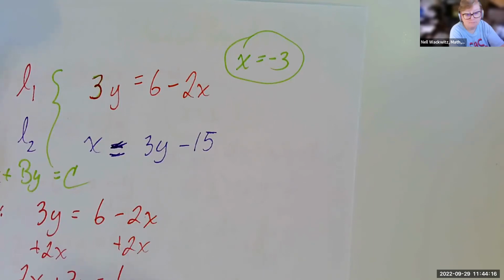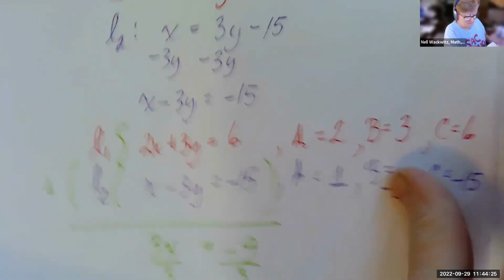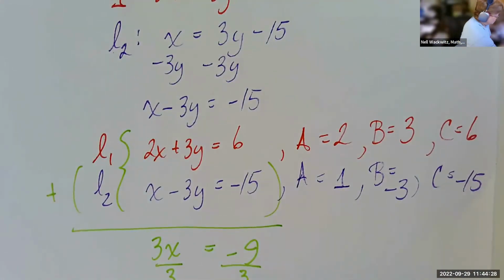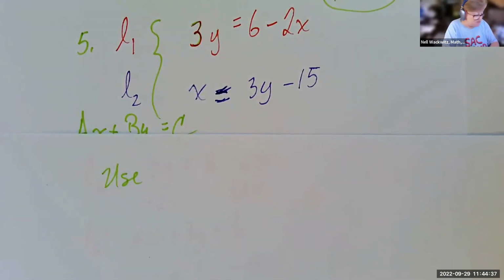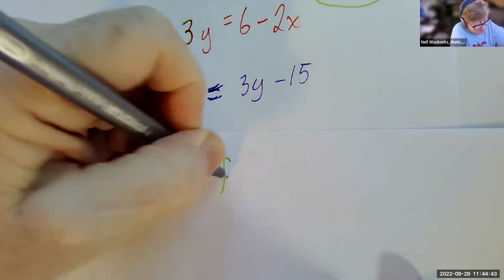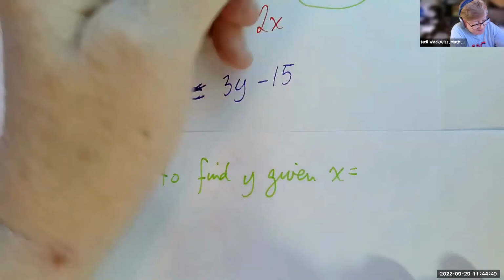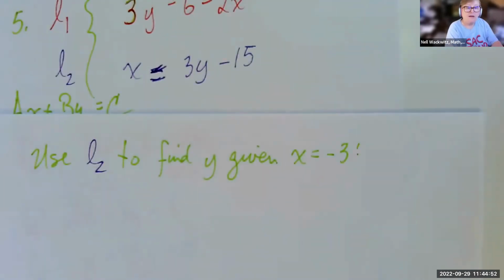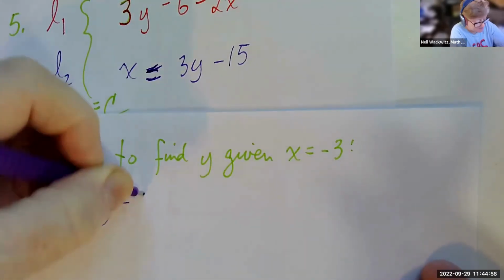Can we use x equals 3y minus 15? Sure. So let's use line 2 to find y given x equals -3. All right, and line 2 is x equals 3y minus 15.